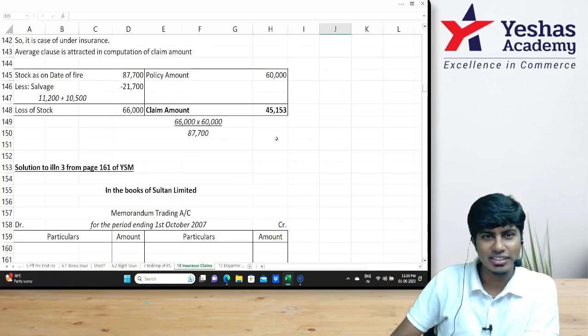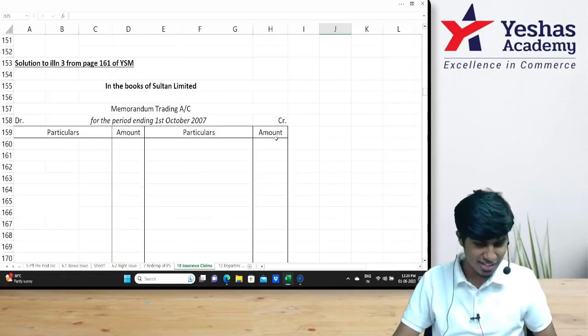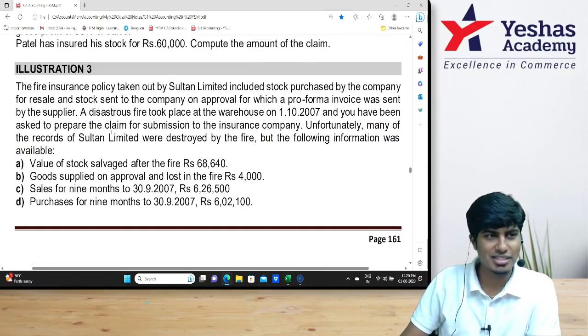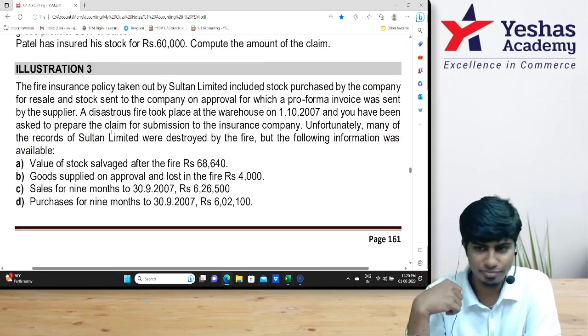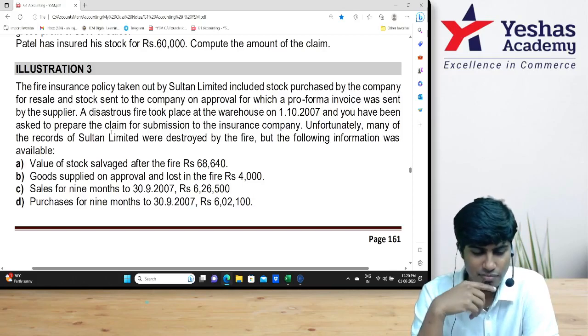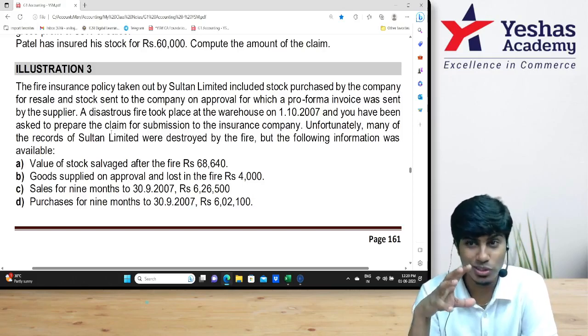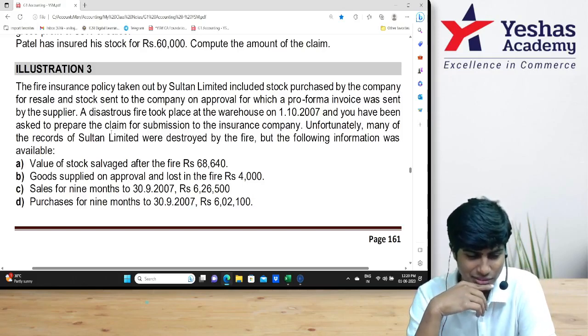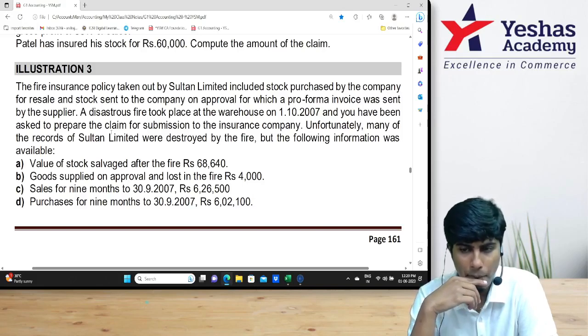Shall we start? Yes, come on, let us do this one. Will you read, please? Sultan, the fire insurance policy taken out by Sultan Limited covers stock purchased by the company for resale and stock sent to the company on approval for which a pro forma invoice was sent by the supplier.